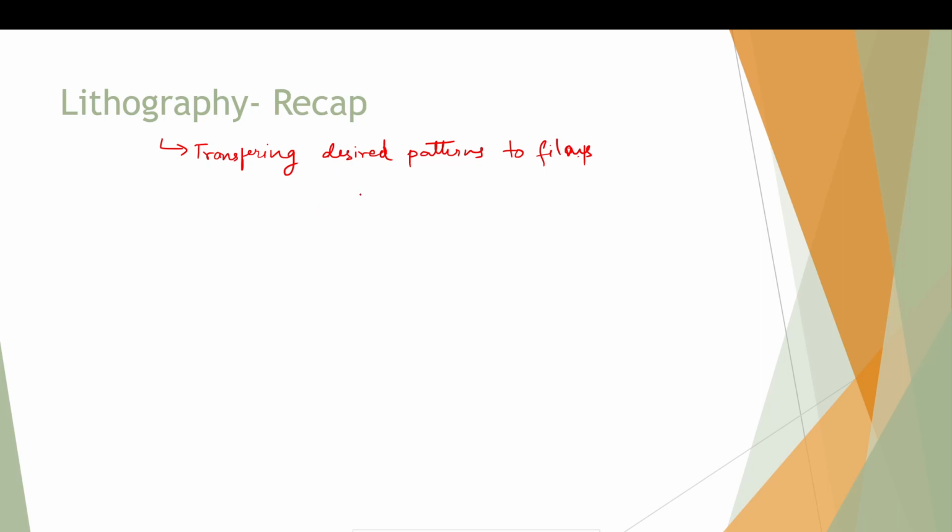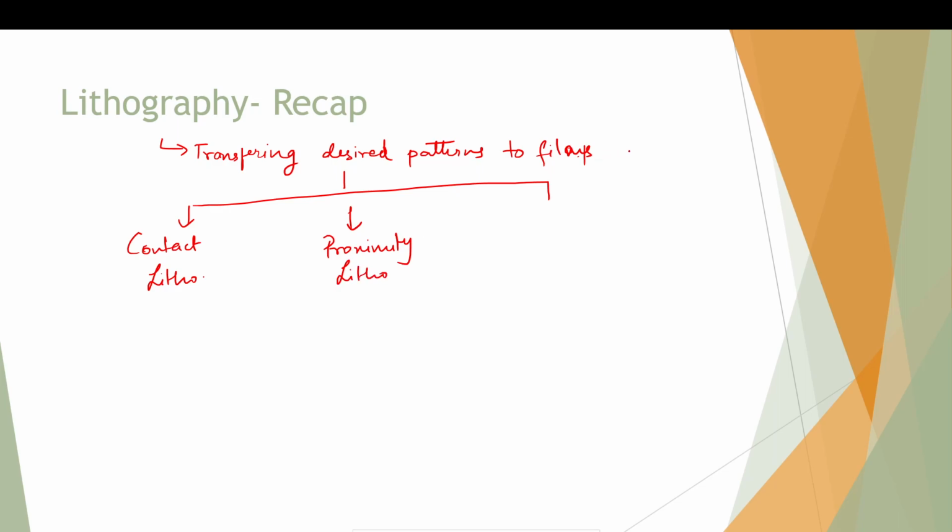Okay, so we have learned that we can classify the lithography techniques broadly in three categories. One is contact based lithography, so contact lithography. Another one is proximity lithography, and the third one is projection lithography.